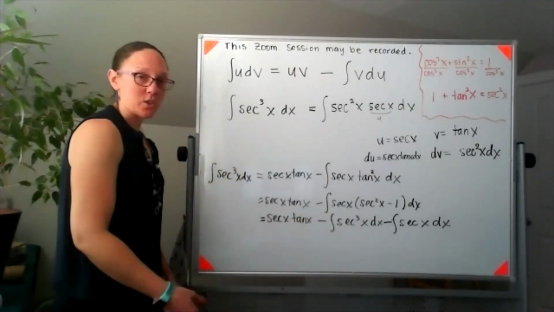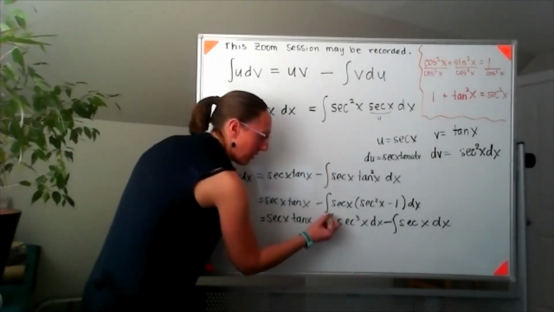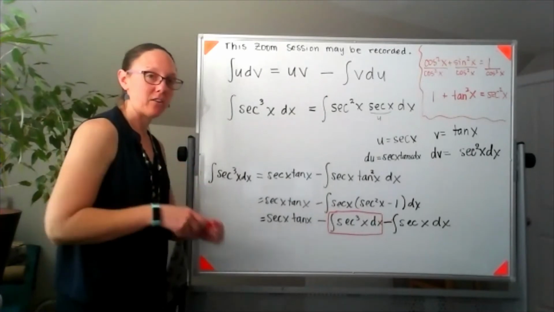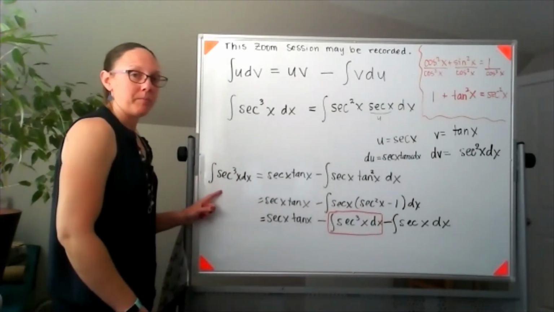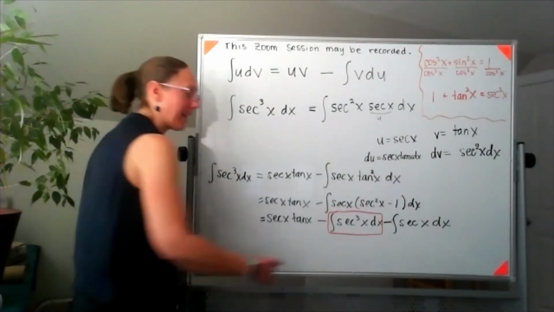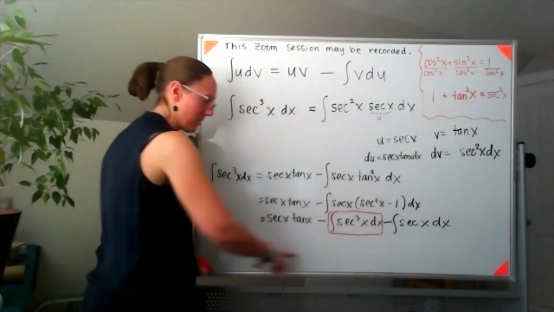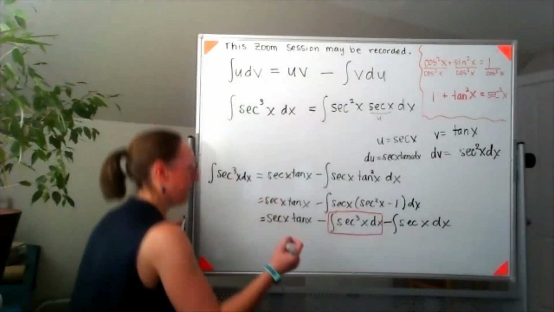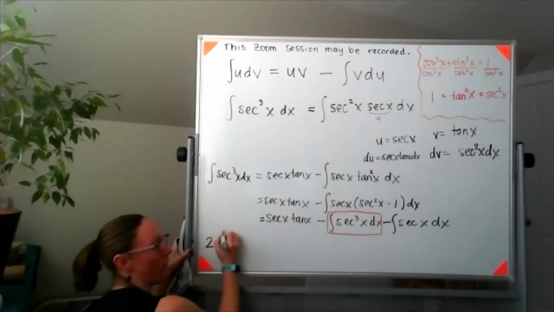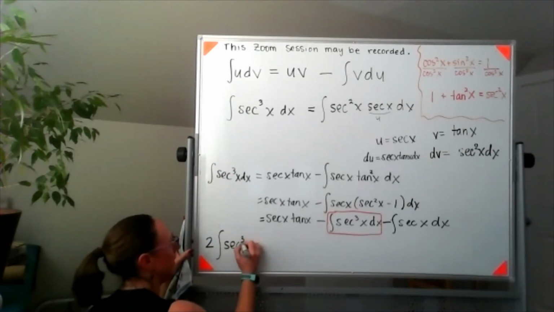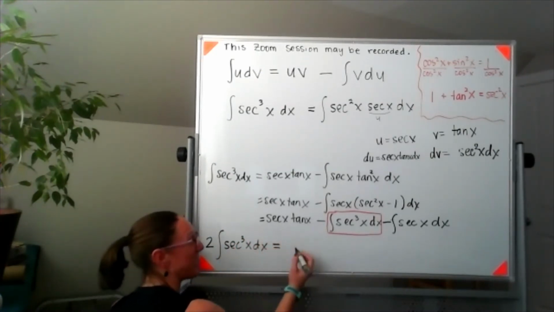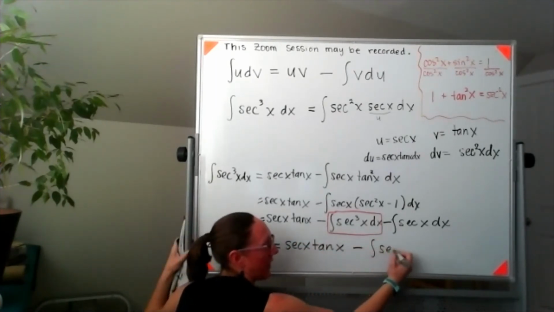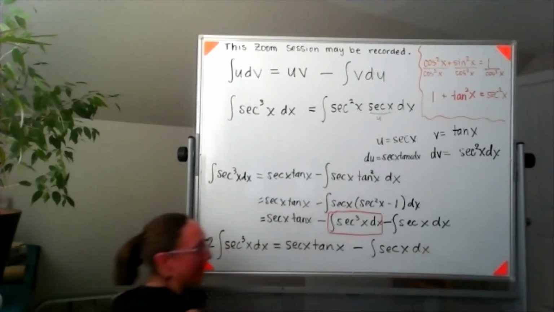After doing integration by parts twice, we end up with part of this being identical to what we started with, which means that I can actually add the entire integral to the other side of this equal sign, so that we're looking at twice the integral of secant cubed x dx is equal to secant of x tangent x minus the integral of secant x dx.